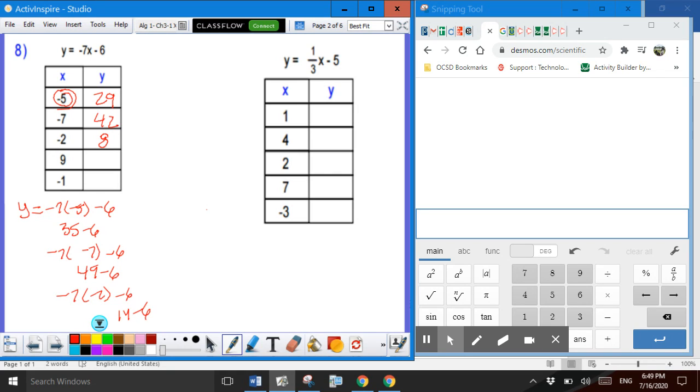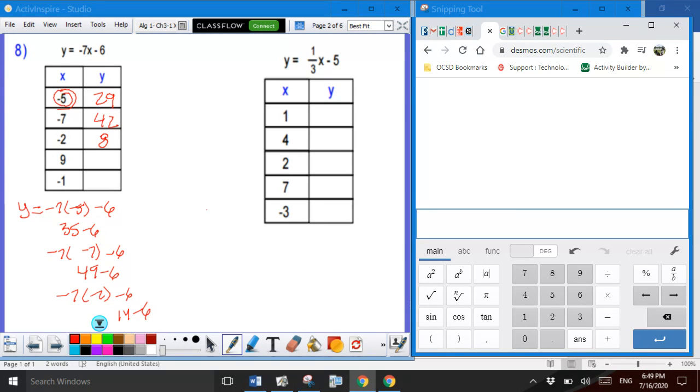Okay, now that's time consuming. So I can also make use of my scientific calculator to do the math for me. If I start with -7 times -2, there's my parenthesis, minus 6, you can see it gives me 8. Now here's the cool part.